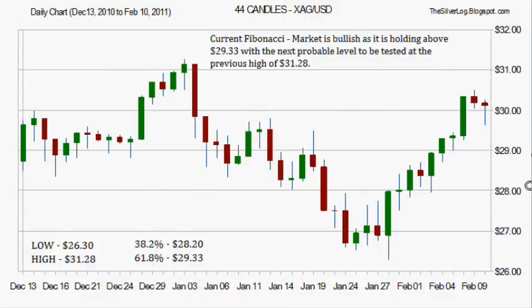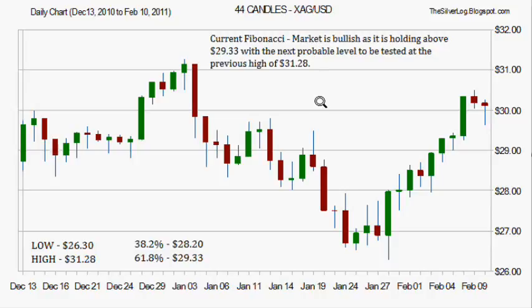Now, as far as the daily chart is concerned, it says here for current Fibonacci, market is bullish as it is holding above 29.33, which is the next probable level to be tested at the previous high of 31.28.